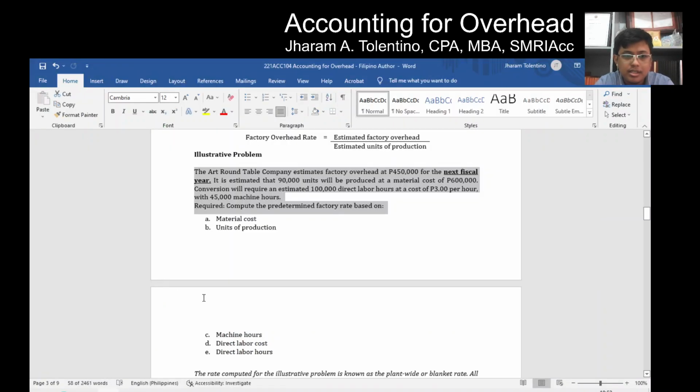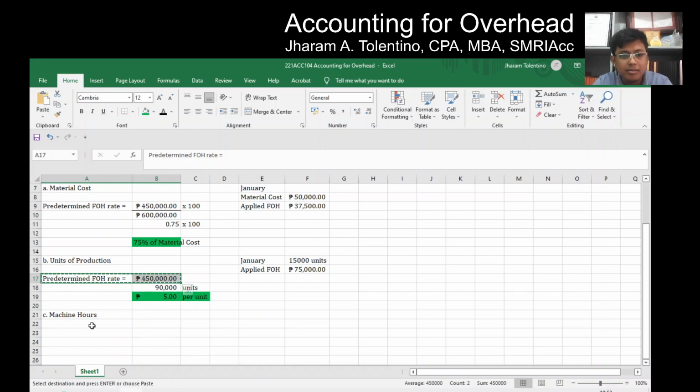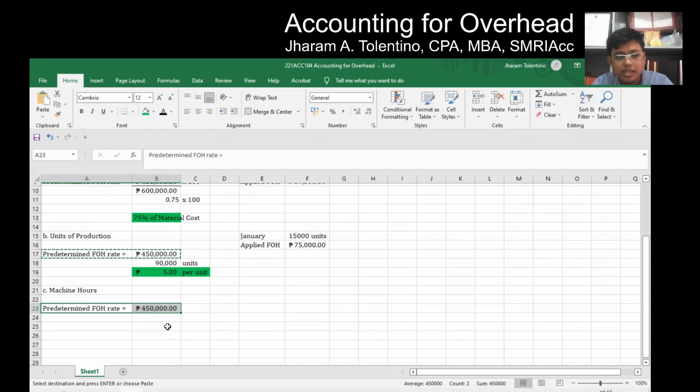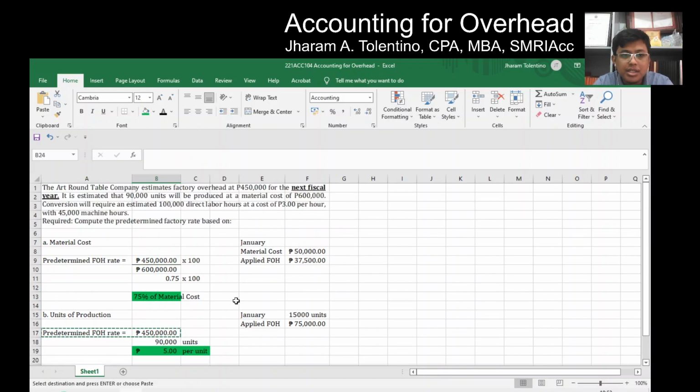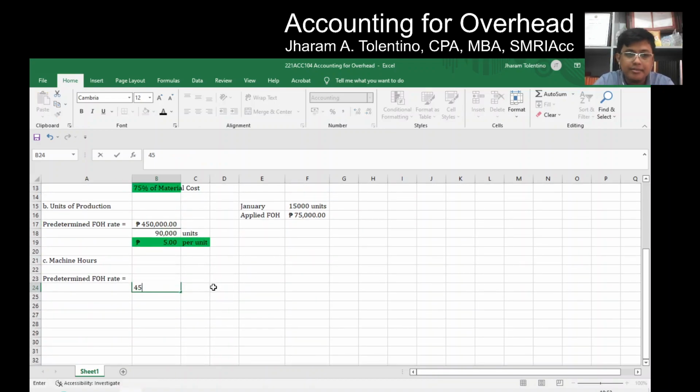Next, letter C. C is machine hours. Makukuha nyo na, kaya sabi ko sa inyo madali siya. So, machine hours, that's 450,000. Ang ginagawa mo, pinapalitan mo lang yung denominator. How many machine hours do we have here? 45,000 machine hours.